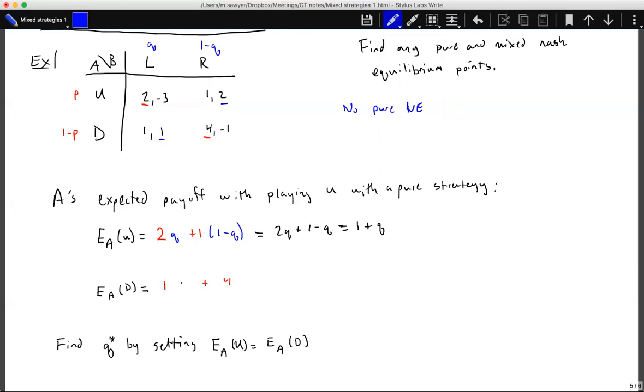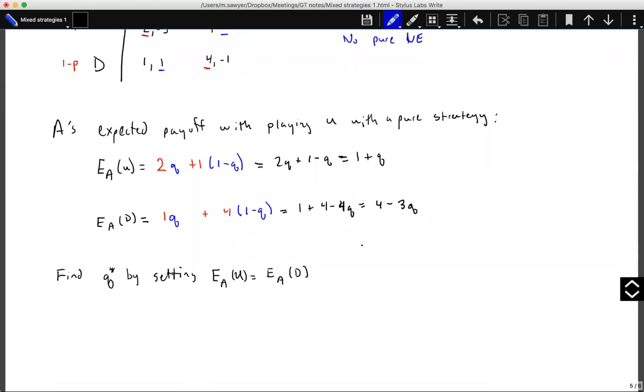They get the 1 point Q percent of the time, and the 4 points 1 minus Q percent of the time. So they get 1Q plus 4 minus 4Q, so 4 minus 3Q.